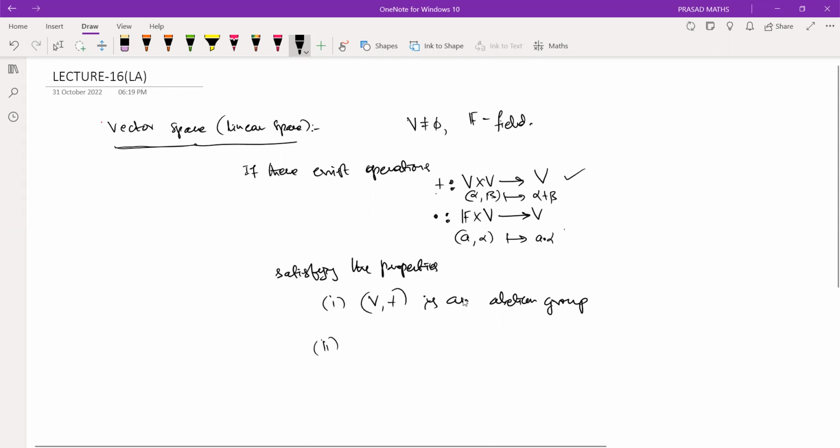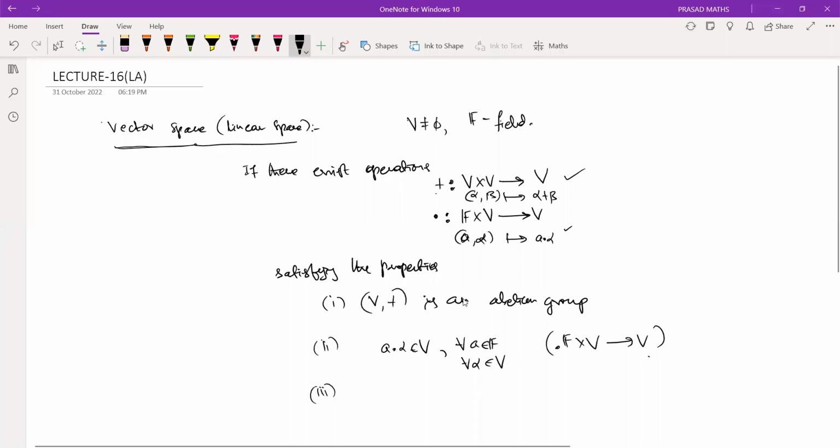And with respect to the second operation, in fact, it's a function. Means what? You take any scalar and any vector, then a into alpha should be an element of V whenever a belongs to the scalar field and you take any vector in V. That means it's a map. This is my second property.